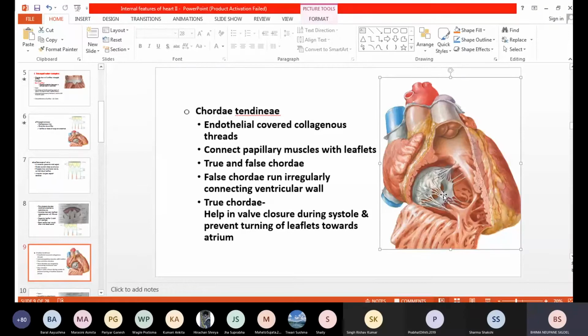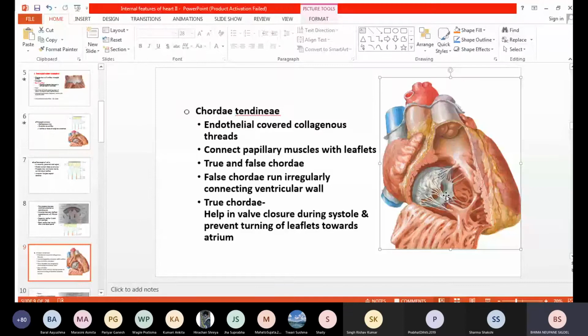Again the function is connecting, but here they connect the apical third of the papillary muscle indirectly to the cusp or the leaflet. That is about the connection.